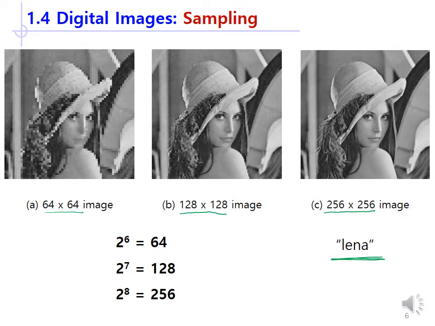If you use more pixels, you can get a smoother digital image with a higher resolution. These numbers come from 2 to the 6th power is 64, and 2 to the 7th and 2 to the 8th. We will see these numbers 64, 128, and 256 frequently, so please remember them.